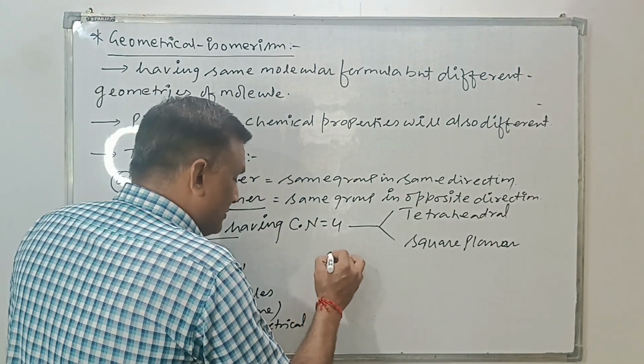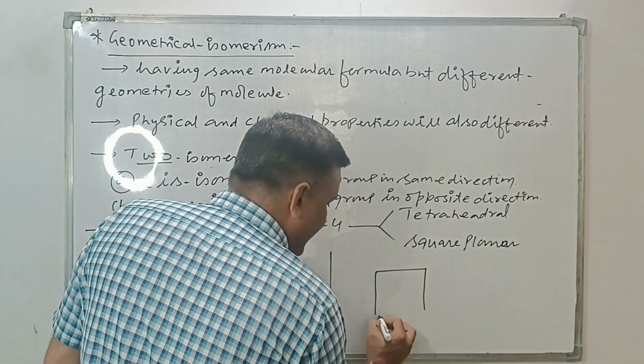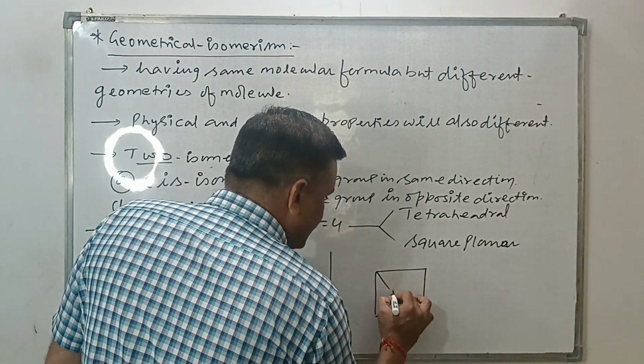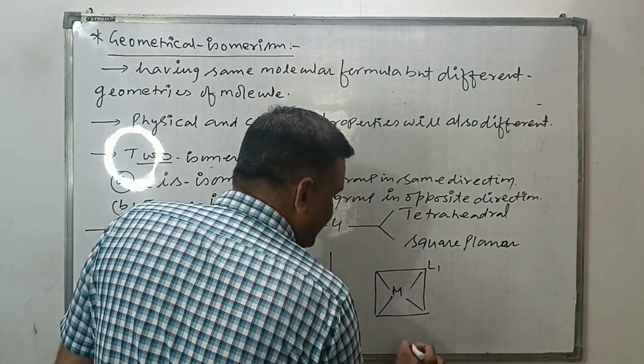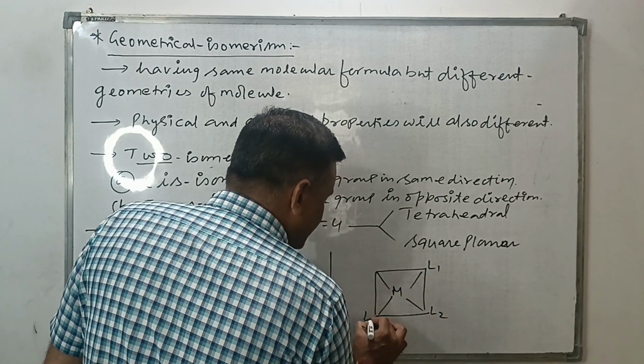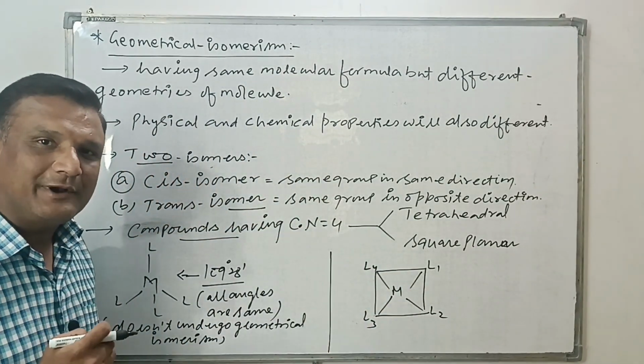But if we go with the square planar geometry, this is the M, we can say this is L1, this is L2, this is L3, and this is L4. There are two types of bond angle.